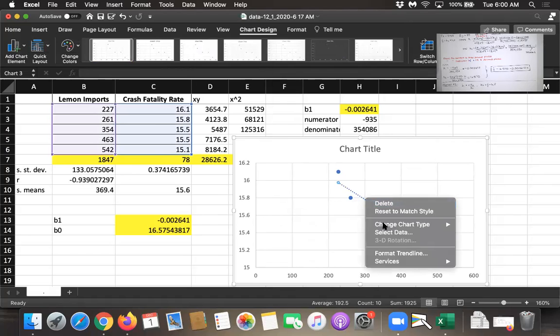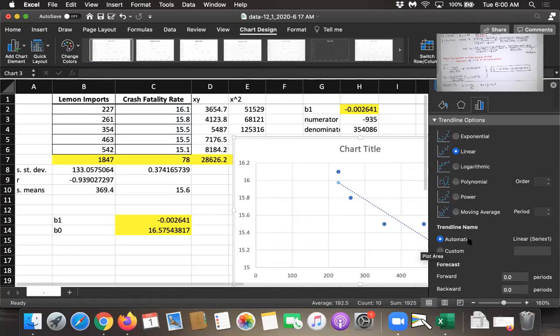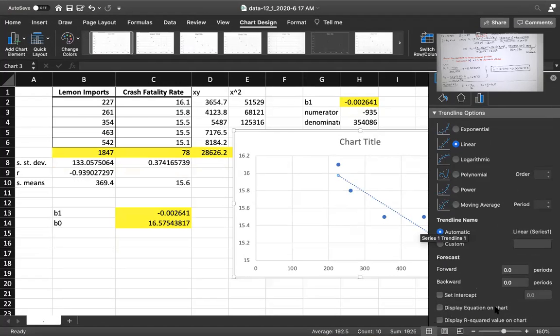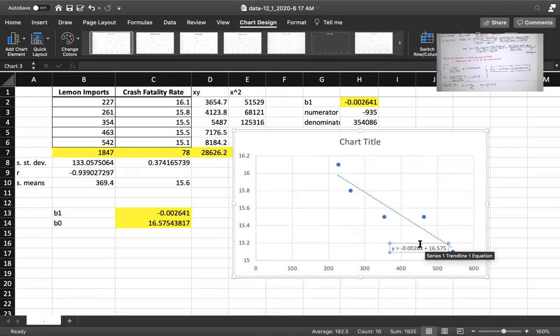Now if I select this and I go to Format Trendline, it gives me some options over here on the right. So it says display equation on chart. I'll choose that option. And then you can see that we have our regression line over here.